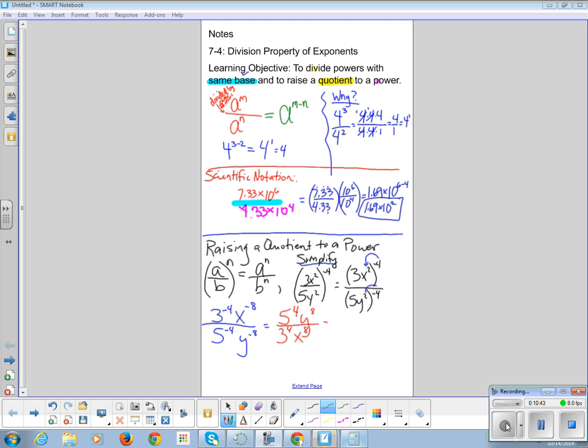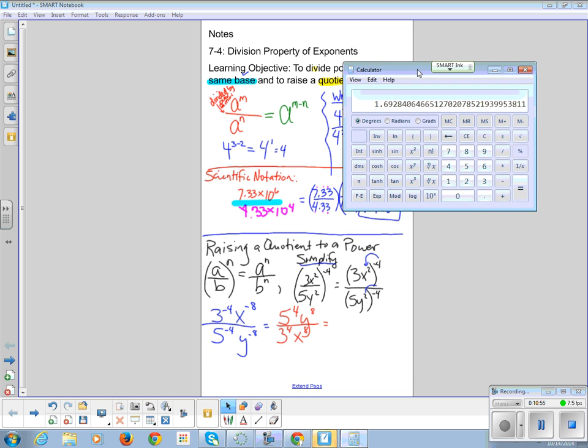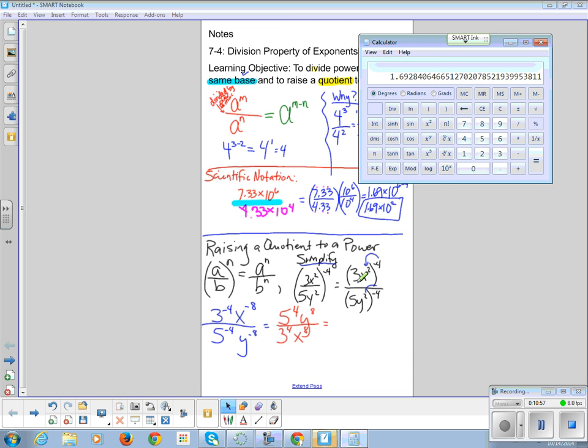The last thing I have to do is go 5 to the 4th and 3 to the 4th. So I can do it by hand, but I want to show you guys how this looks on your calculator. So if I have 5 to the 4th, I go 5, here's my to the 4th power, 625.